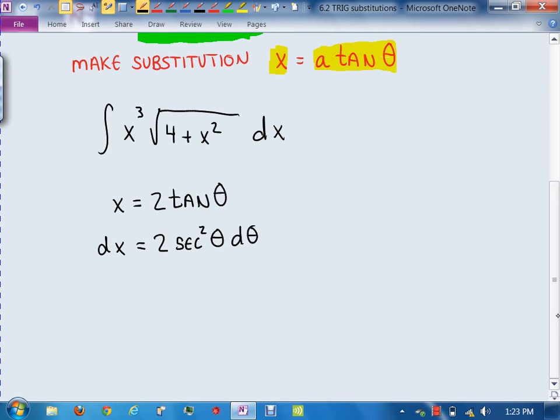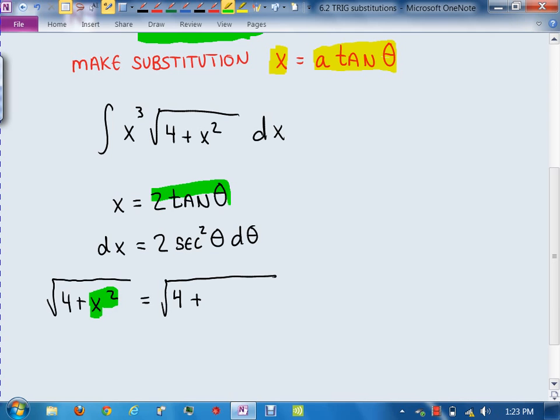And just for the heck of it, what is the square root of 4 plus x squared going to turn into for us? So that's the square root of 4 plus, what is our x squared? What is this thing right here? 2 tangent theta. What do you get when you square it? 4 tangent squared theta, right? And I can factor a 4 out of that, right?